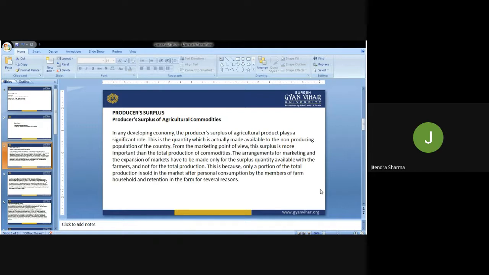This is because only a portion of the production is sold in the market after personal consumption. That is why it is very important, and we'll see the reason behind it. So that is the producer surplus in the agricultural commodity.